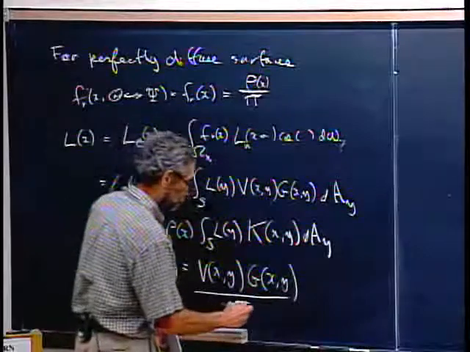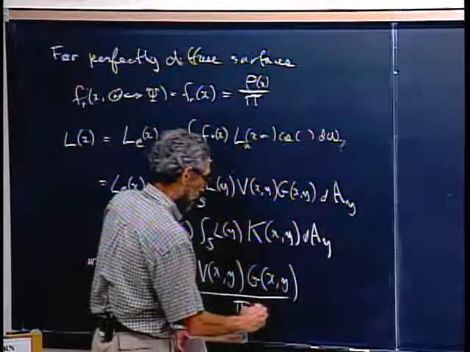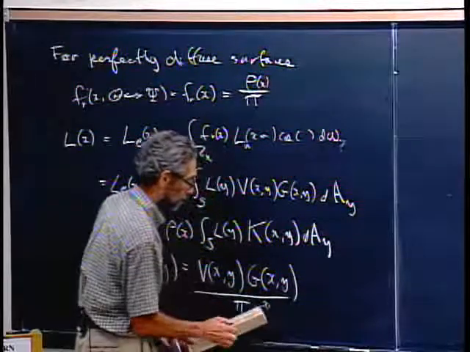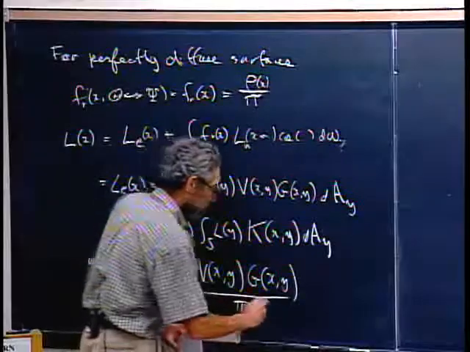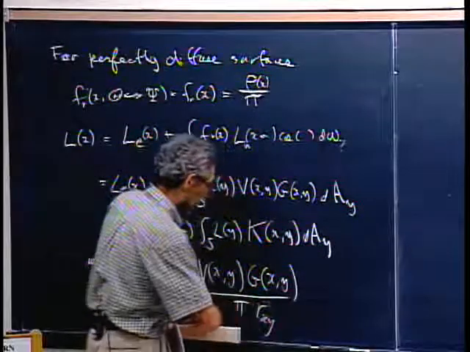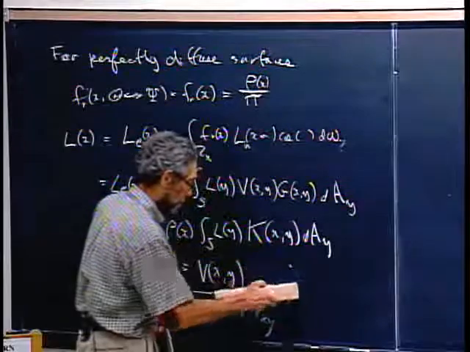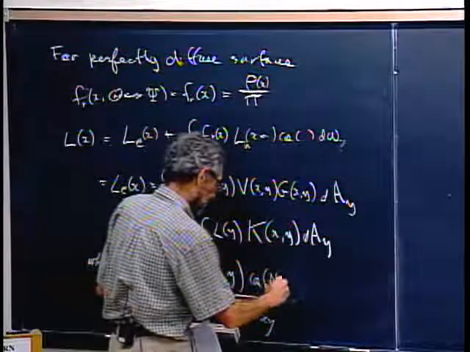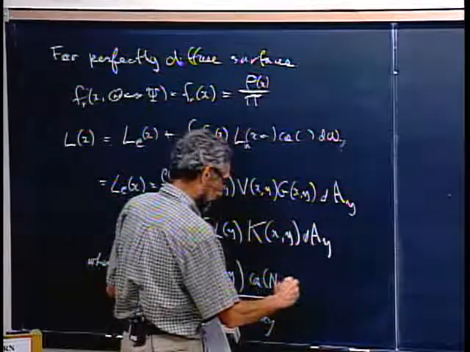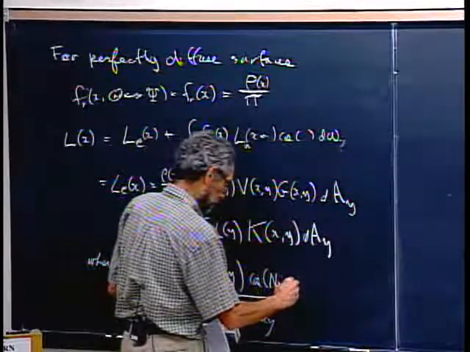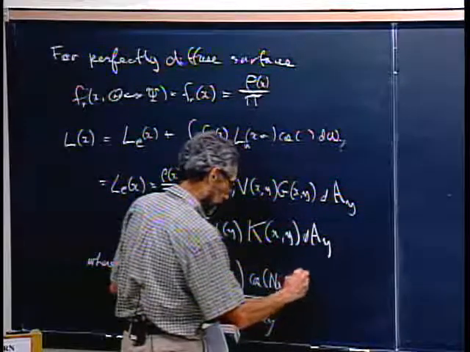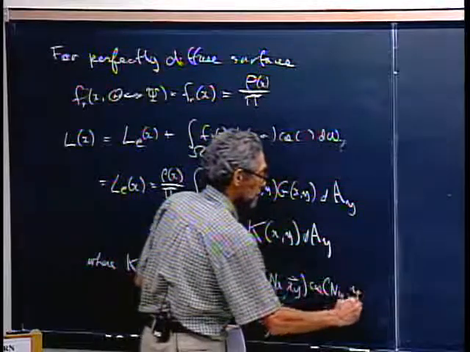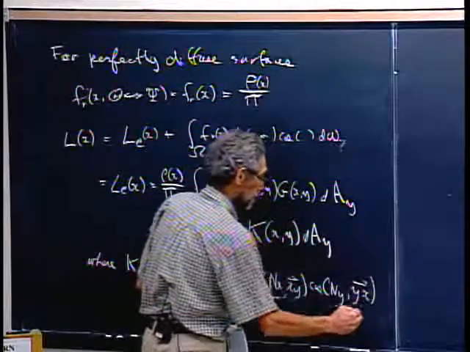So if I write out the two cosines, pi, r_xy, this is the distance between x and y, and the two cosine factors are the cosine of n_x with respect to the direction xy, and the cosine of n_y with respect to the direction yx.